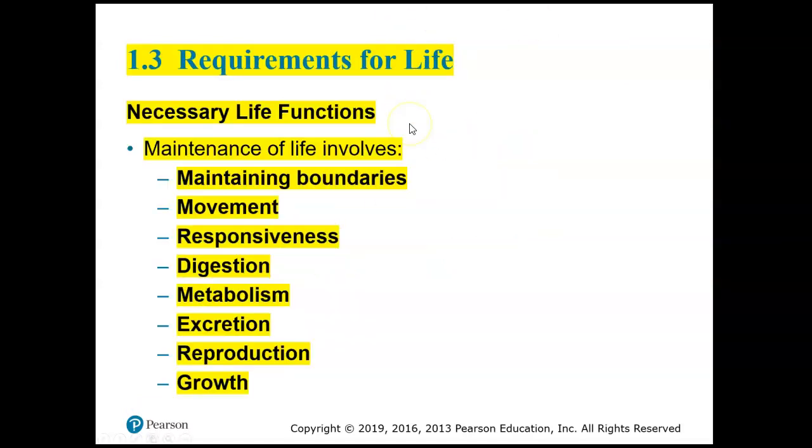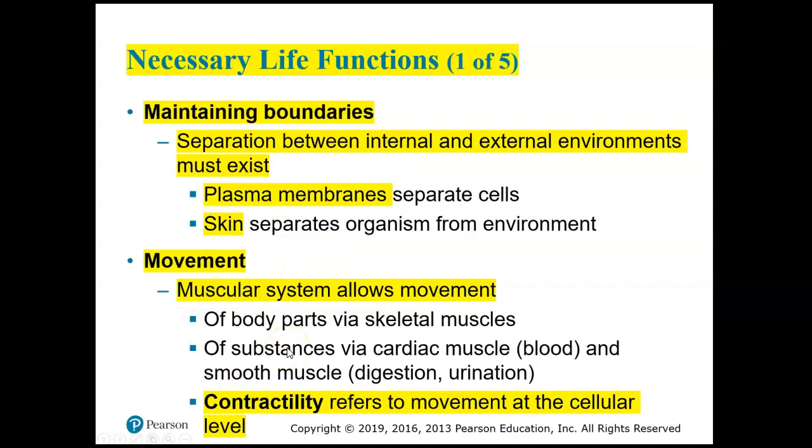Okay, section 1.3, the requirements for life. This is necessary for life functions, particularly in humans. The maintenance of life involves maintaining boundaries, movement, responsiveness, digestion, metabolism, excretion, reproduction, and growth. Maintaining boundaries is separating the internal and external environments.